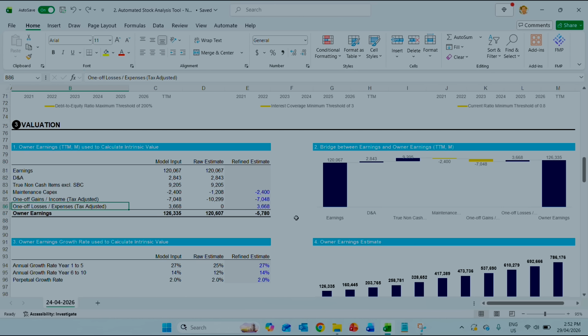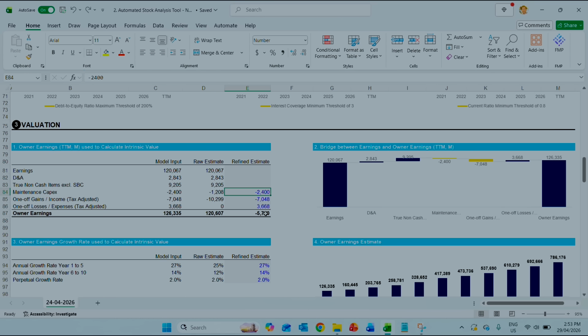Okay, so here our model calculates owner's earnings automatically. I like to refine these numbers because this is based on raw numbers from FMP, but I've got more context because I can read the quarterly report and the annual report, so I can, for example, have a better understanding of the part of the capex that is maintenance capex as opposed to growth capex.